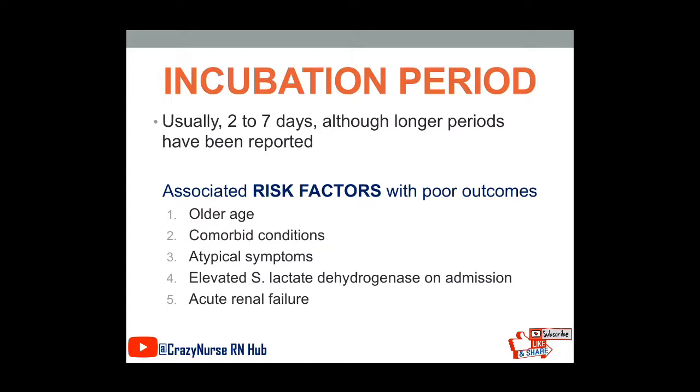First, we have older age, comorbid conditions, atypical symptoms, elevated serum lactate dehydrogenase on admission, and acute renal failure. So once you have noted these associated risk factors in your patient, and he or she has severe acute respiratory syndrome, there will be a poor outcome or poor prognosis of his or her condition.